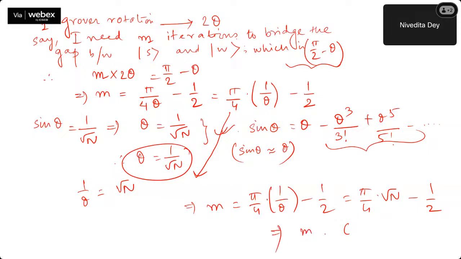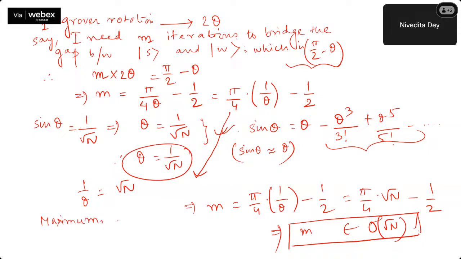which says m, the number of iterations, is of the order of root n, which also says that a maximum of root n iterations are required in order to search an item using Grover.